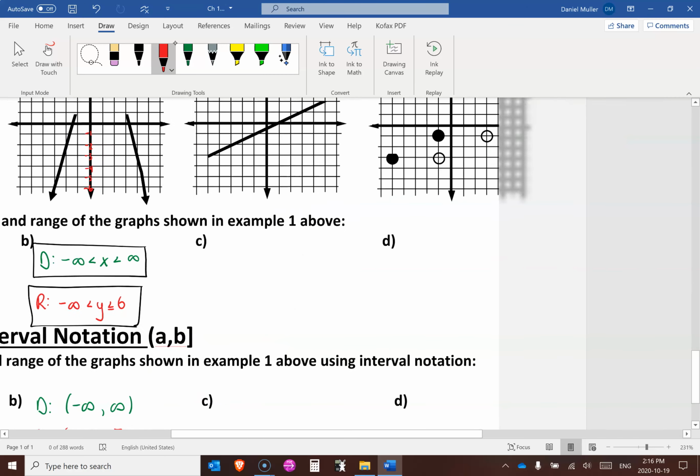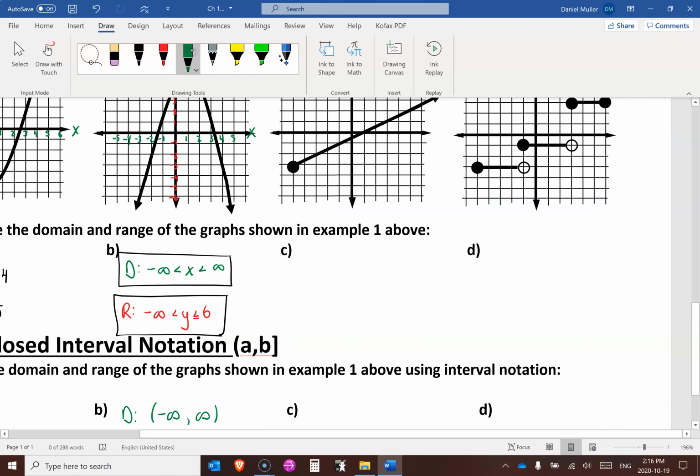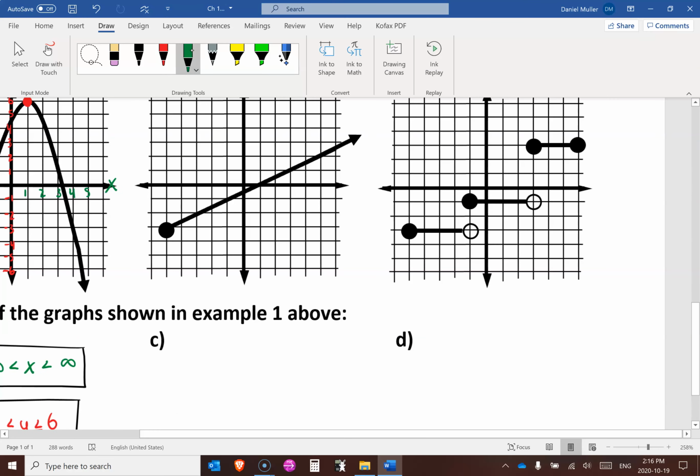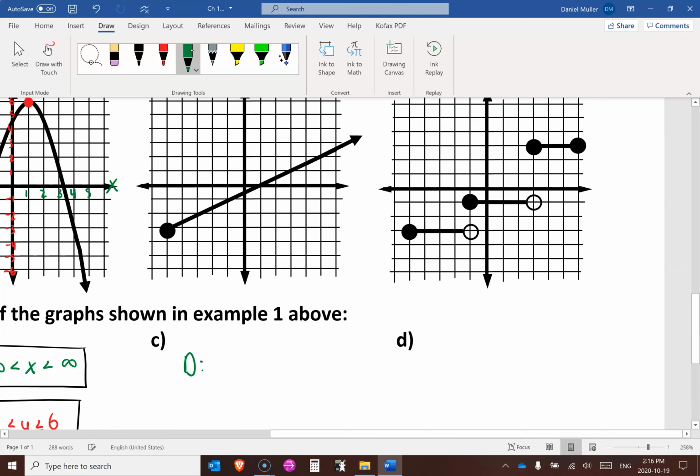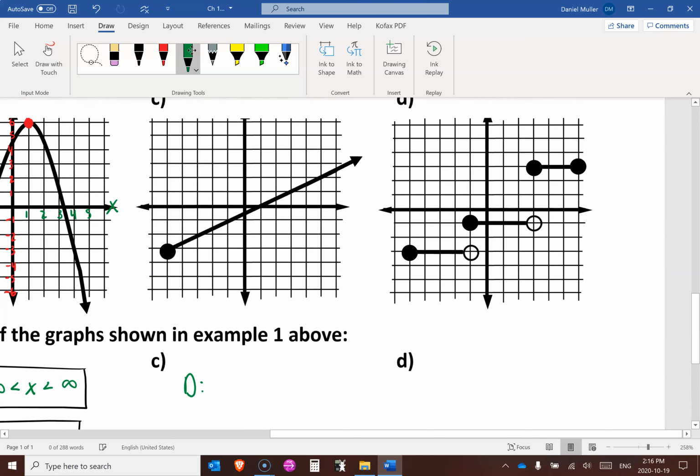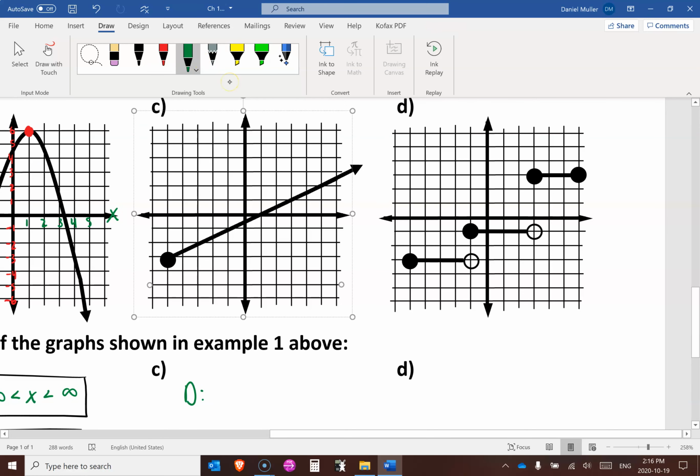Okay, let's take a look at this one. Domain and range. So first, let's look at our domain. How far left does this drawing go? Well, it looks to me like 1, 2, 3, 4, -5. The furthest our drawing goes is -5. And then how far right does this drawing go? There's an arrow there. Well, it's going to go on forever.